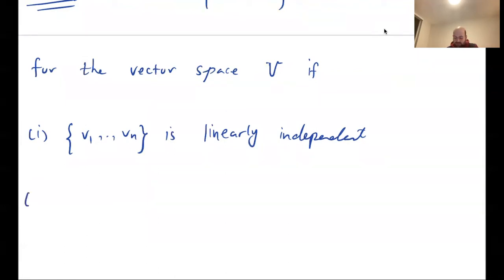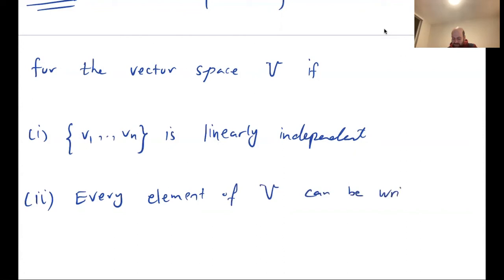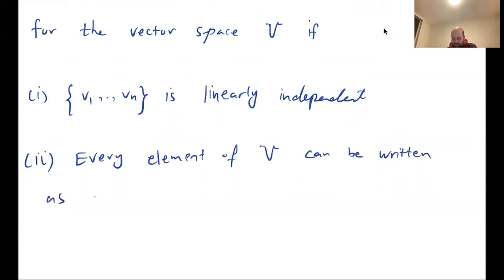And moreover, the second condition: every element of the vector space V can be written as a linear combination of V1 to Vn.